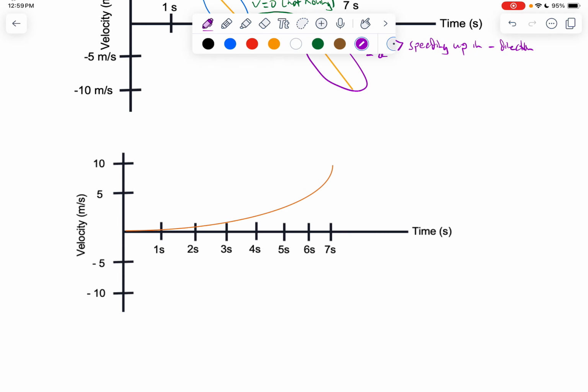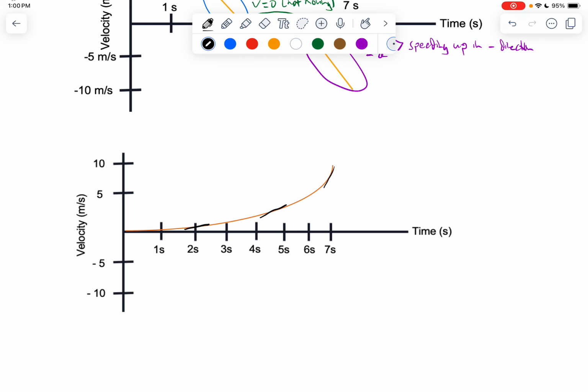If we then look at our last velocity versus time graph, here basically what we're showing is a velocity that's becoming positive. We're eventually making our way from 0 meters per second up to 10 meters per second over the course of these 7 seconds. And what we can see is that the slope along our graph, at each of these different points, is getting larger and larger with this concave up.